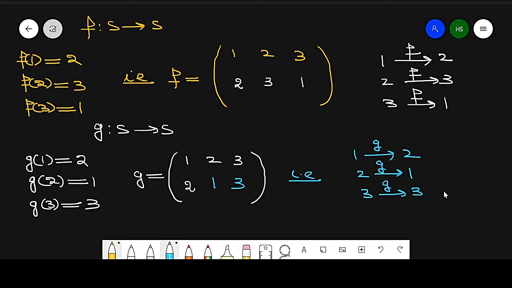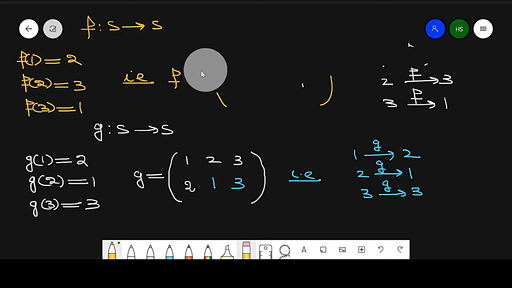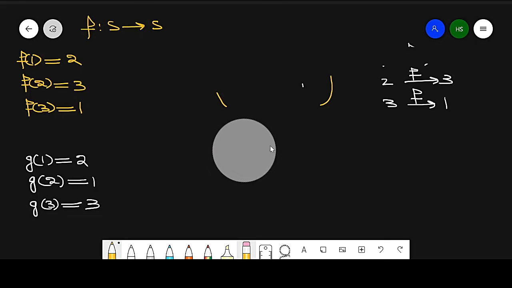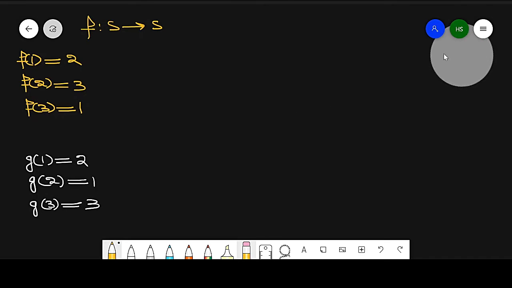Now how can we define the composite functions? F is given, G is given, so how can we define the composite function?